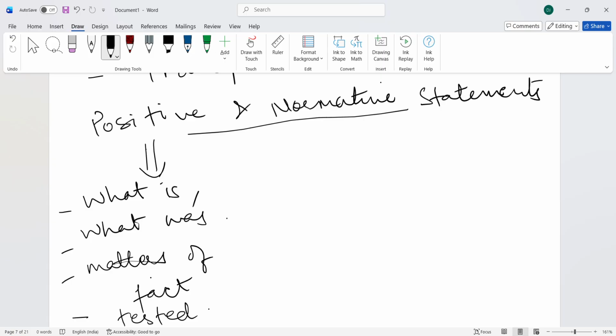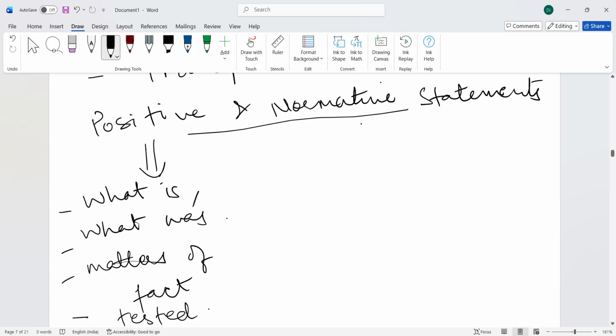Or, higher taxes on cigarettes discourage smoking. Again, this is a matter of fact. I have tested it. So a positive statement is related to matters of fact. These statements can be tested.